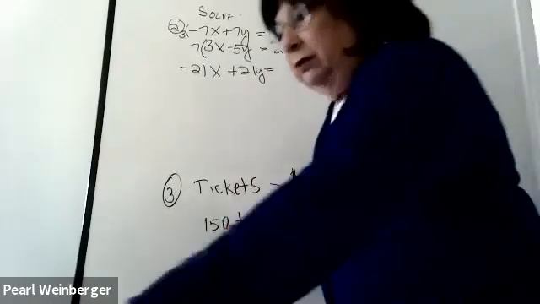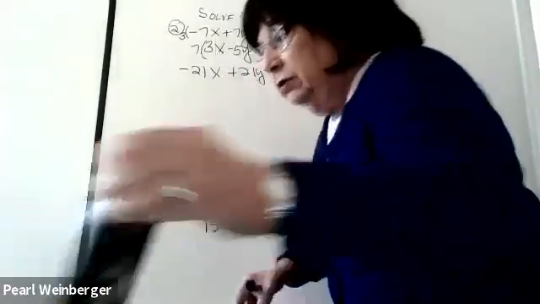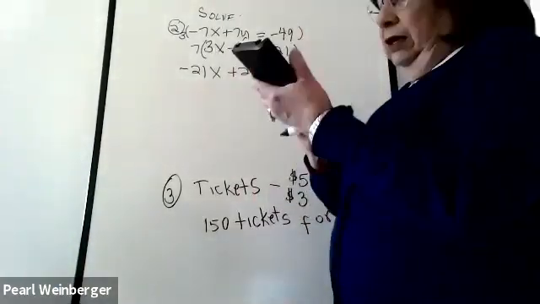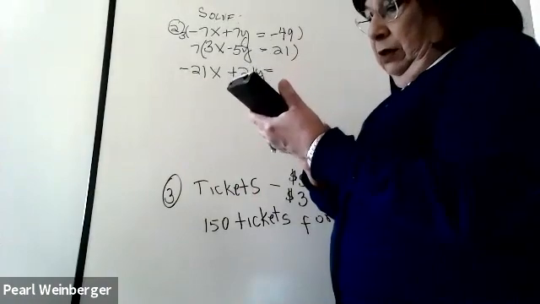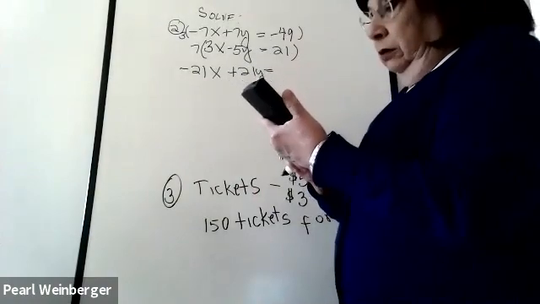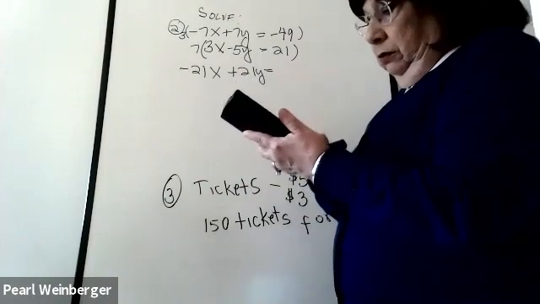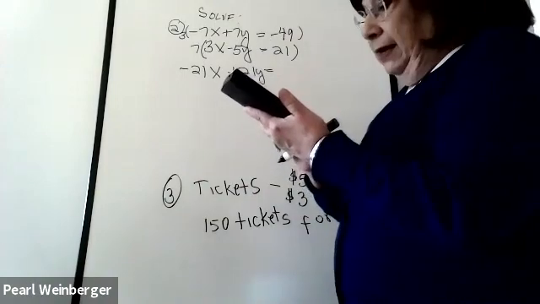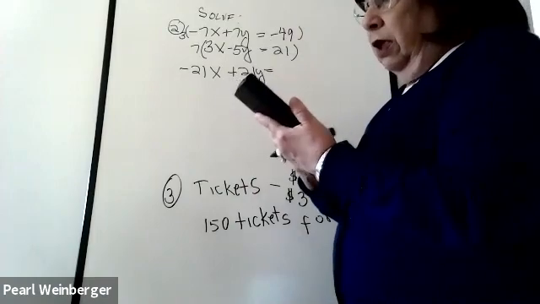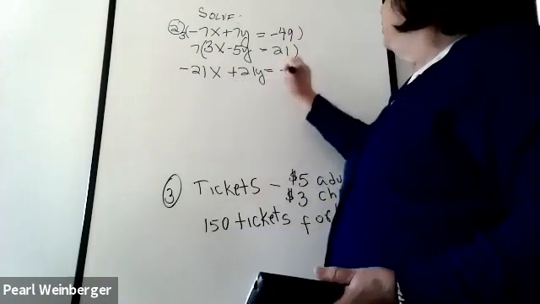Okay, here's my calculator, because I don't like to do these in my head. Negative 49 times 3 gives me negative 147.